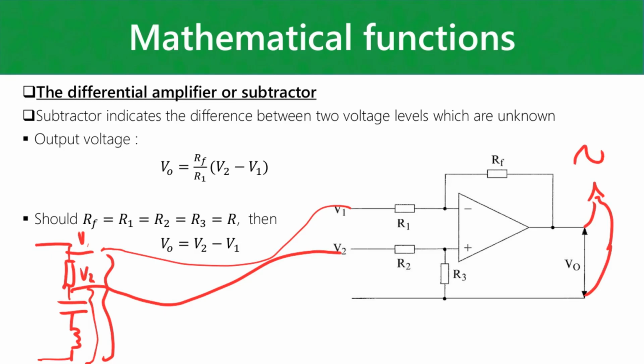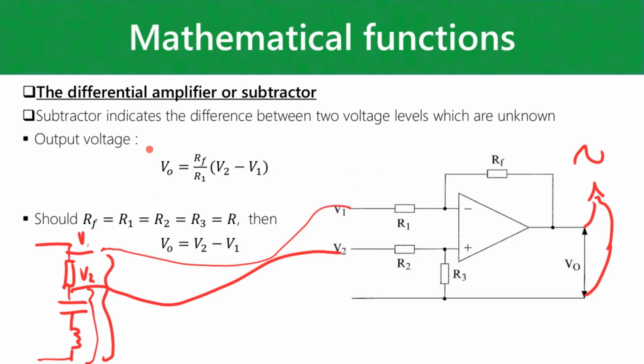And you can then measure the voltage across your resistor that way, without shorting your circuit out. That's where differential amplifiers are really helpful. Another name for these is an instrument amplifier.